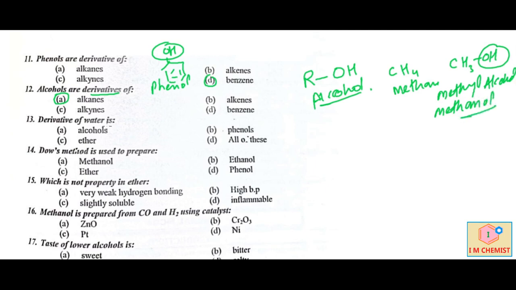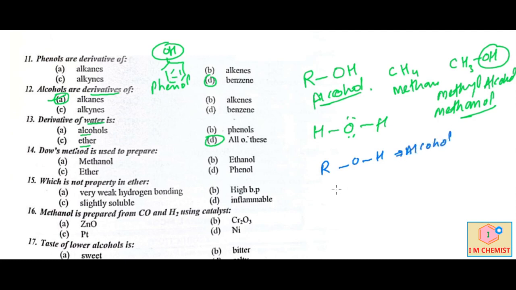So actually alcohols are derivatives of alkanes, which are saturated hydrocarbons, and water can be used to derive alcohols, ethers, and phenols. So option number D is correct. For example, you have HOH. This is a water molecule. So viewer, if you substitute one of the hydrogens of water with an alkyl group, it will convert it into alcohol.